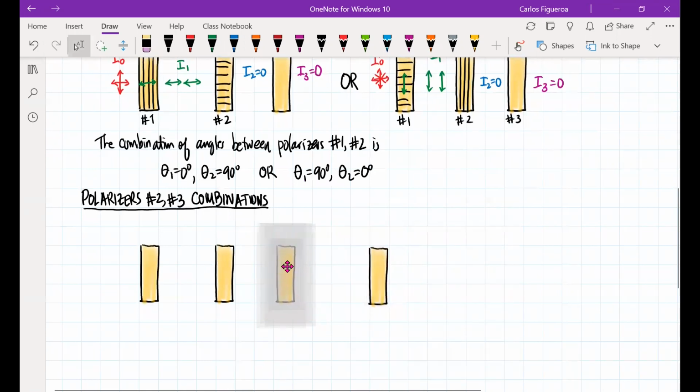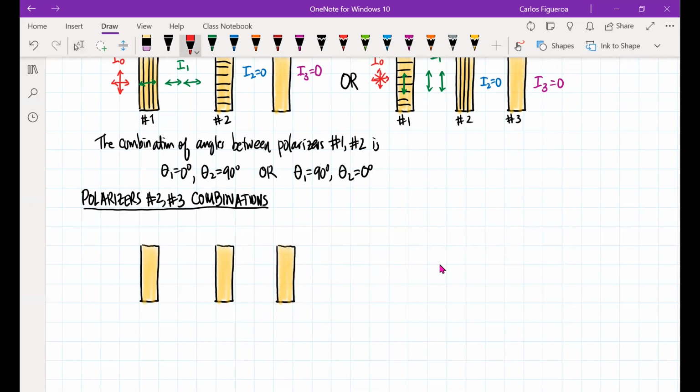So now let's go look at these guys. What I'm seeing here is that I have some intensity that's going to be coming through, that's I naught. The only thing I know is that I don't care about the polarization of 1. I only care about the combination of 2 and 3.